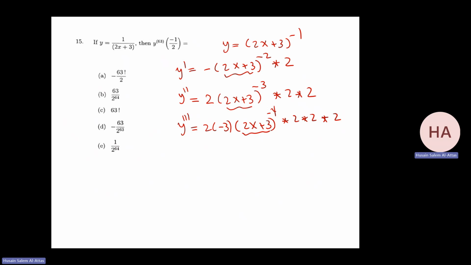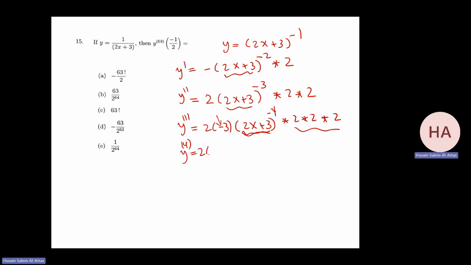Now we can see the pattern. I have 4 things. I have the number. I have the sign, because of minus, plus. I have this one, and I have this one. So I have 4 things to find the n-th derivative. Let me see the fourth.